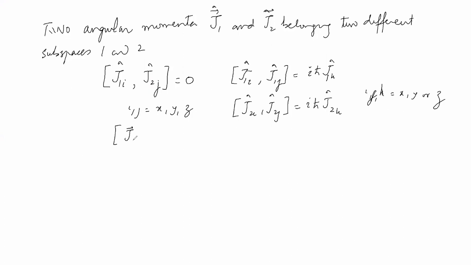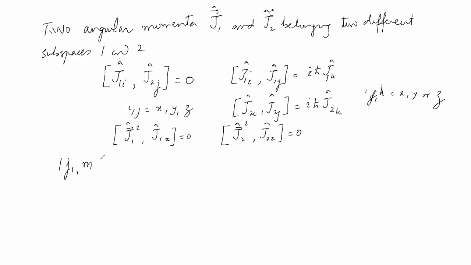And at the same time, J1 square will commute with J1z, and J2 square will commute with J2z, and therefore for J1 square and J1z we will write a joint eigenstate, and for J2 square and J2z we will write another joint eigenstate.